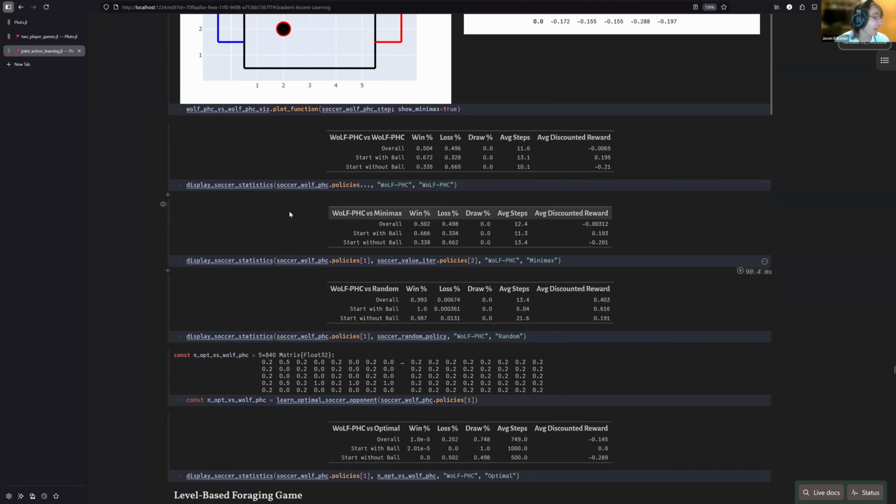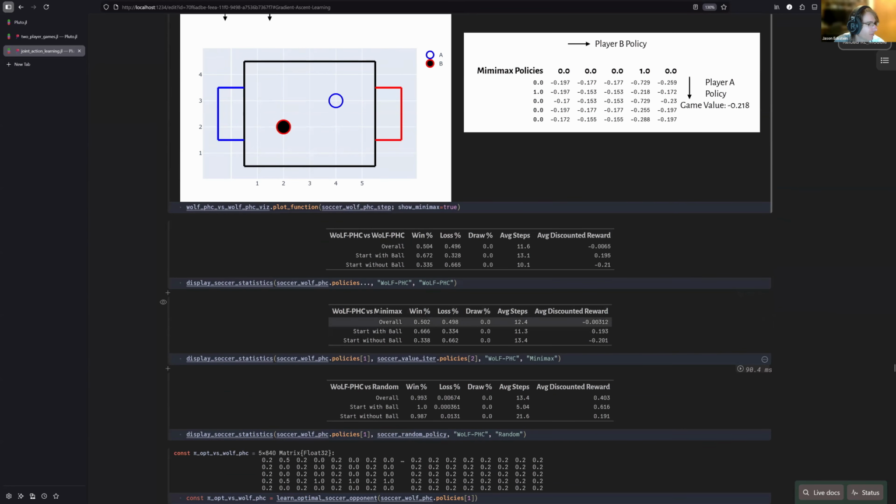We can see, actually, this policy is pretty close to the minimax policy we found here, right? Because here, playing this version against the minimax policy, we can see that the value is very slightly negative, but overall, it's pretty close to 0, meaning we've achieved something pretty close to that.